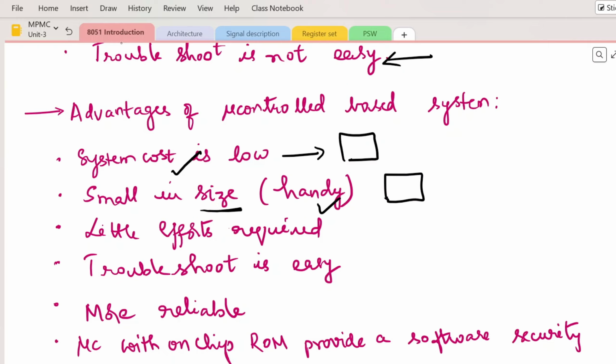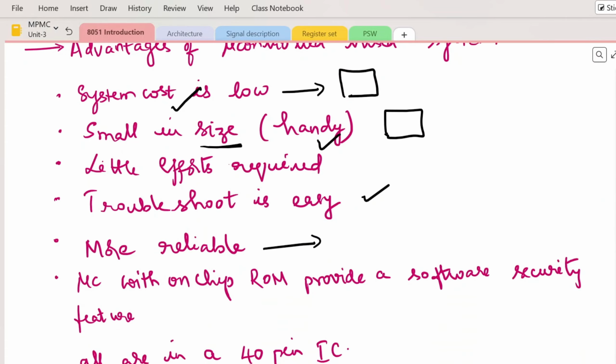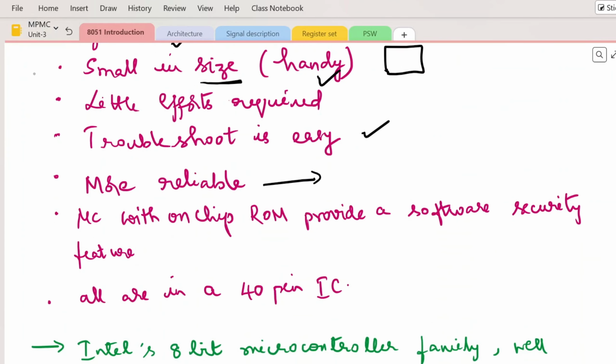This requires less effort and it is very easy to troubleshoot. And it is a single IC, therefore it is more reliable. Not only that, it can provide an on-chip software security feature also. And all the things come in a single IC with 40 pins. These are the advantages of microcontroller based systems.